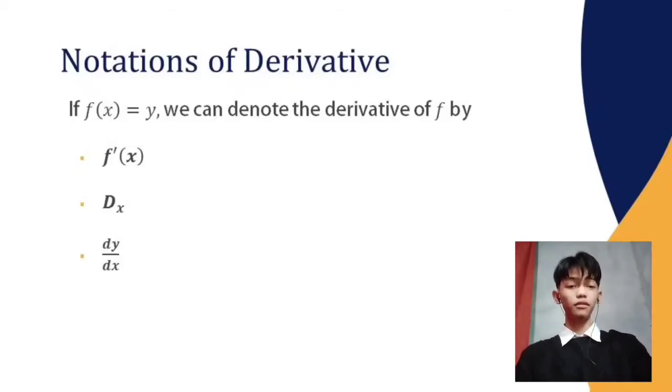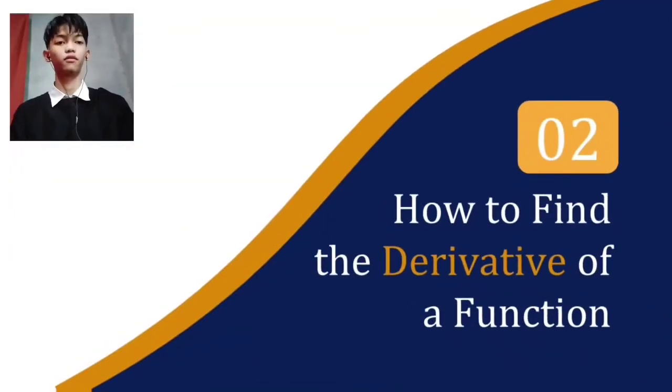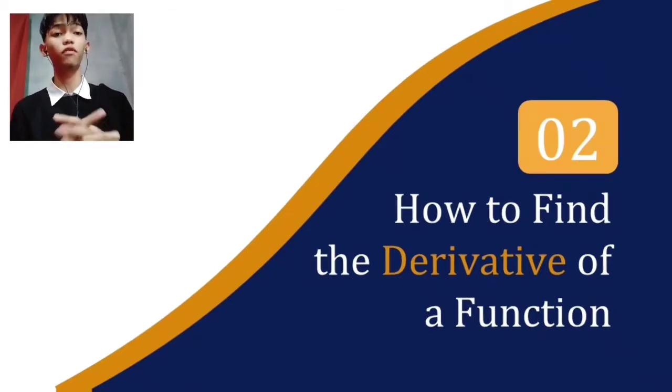And then the last notation is Leibniz notation, that is denoted with dy over dx, but we always say that as dy dx. After we learn about the notation of the derivative of a function, we will move to the next topic, that is how to find the derivative of a function.